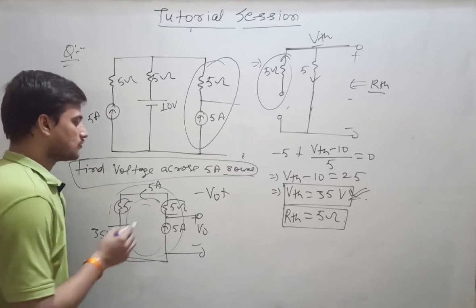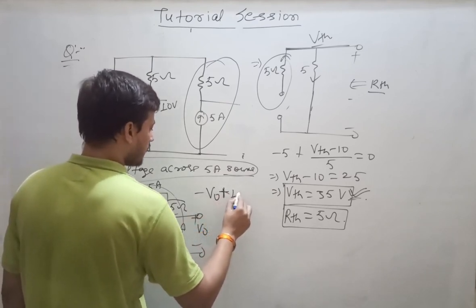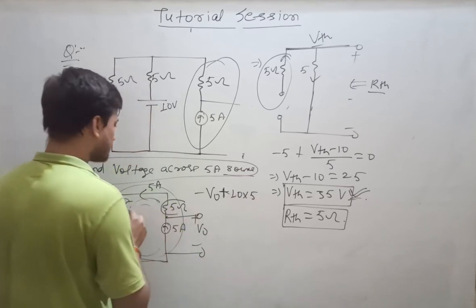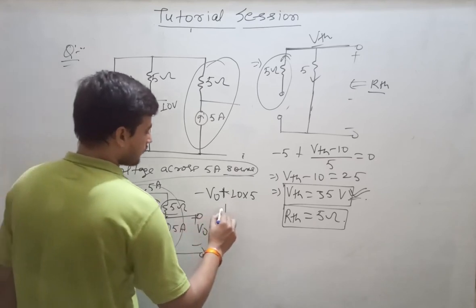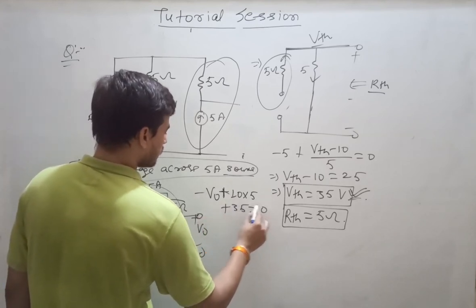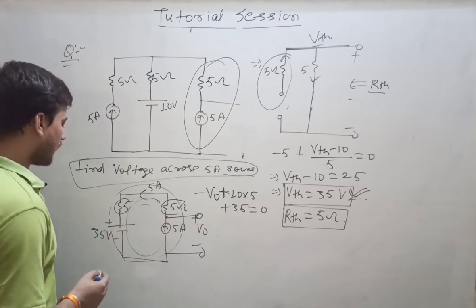So potential drop across this one will be plus 10 into 5, plus this is 35 will be equal to 0.